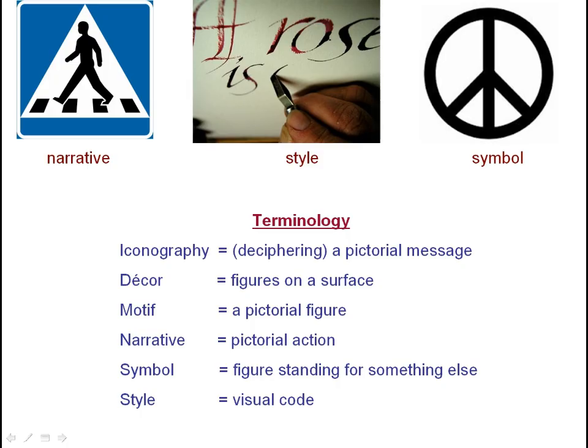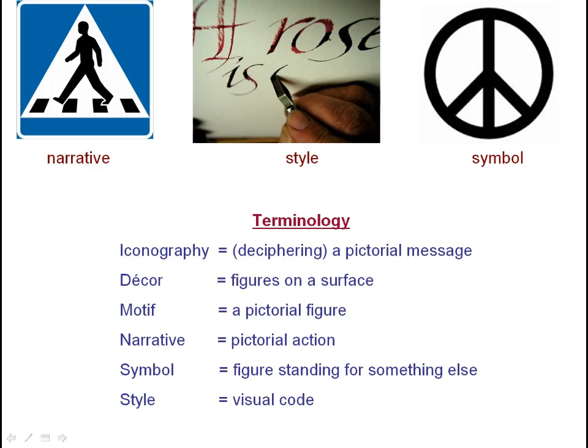A symbol usually means something that stands in for something else. It can be a very representative picture, naturalistic, like let's say Jesus on the cross, which on a symbolic level is standing for something else, or it can be something like this classic symbol of peace.